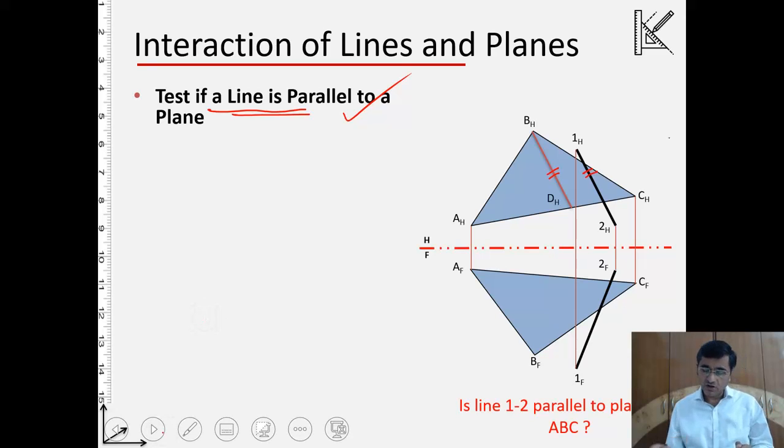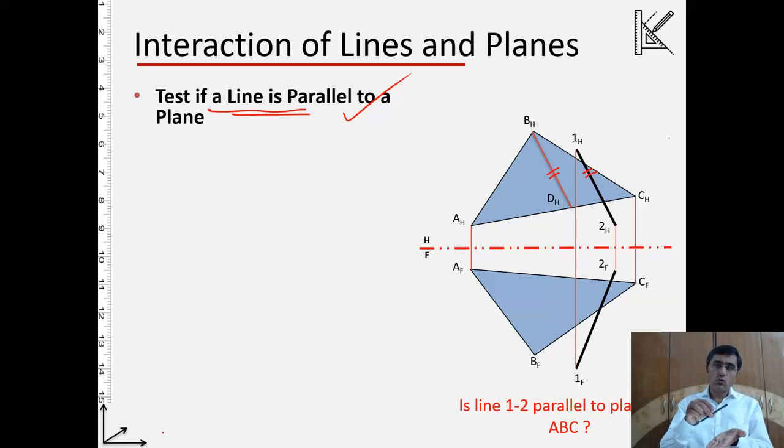I can call the other point D. So BH, DH lies on the surface of the plane. If line 1, 2 is parallel to the line BD, then on the other principal planes also, line 1, 2 should be parallel to BD. So what is the meaning of this?